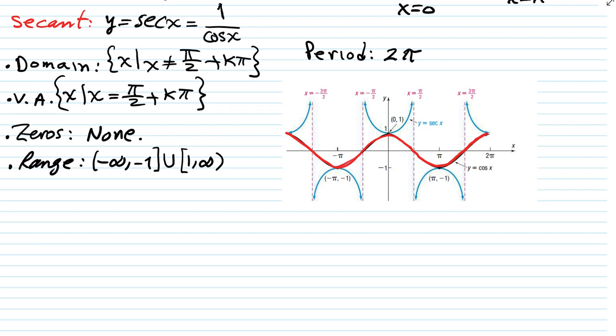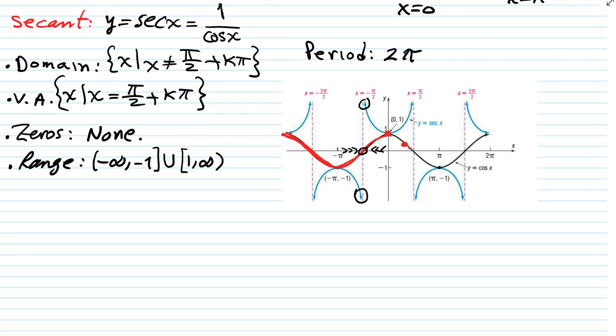If you take the reciprocal of these, this point's reciprocal will be that. The reciprocal of something near 0 will be infinity. The reciprocal of 1 is itself. On this side, the same thing. As you get close to 0, notice 1 over 0 is undefined. So the graph goes to plus or minus infinity, depending on whether you approach the 0 from the right or from the left.